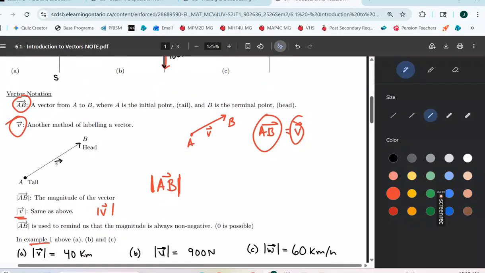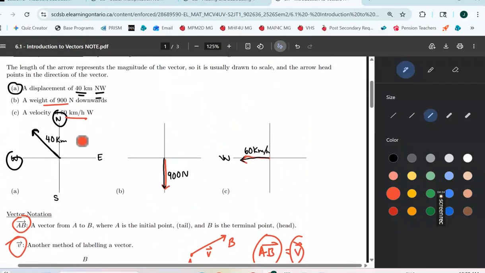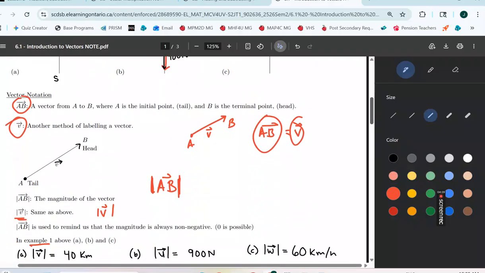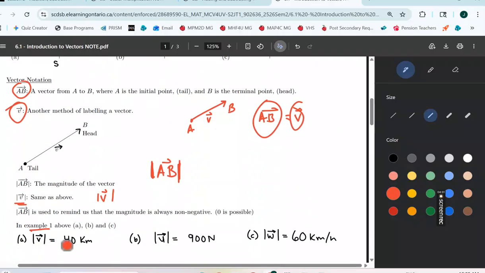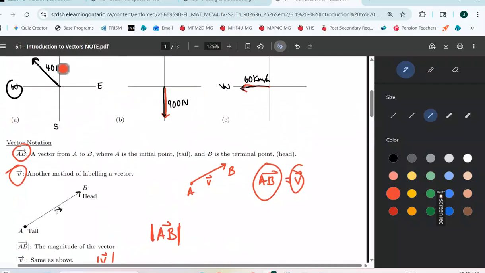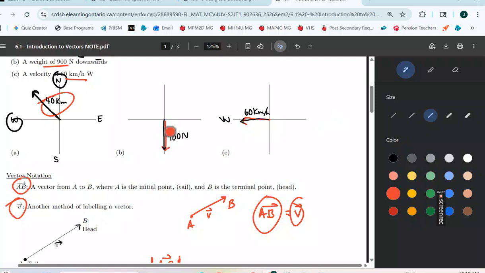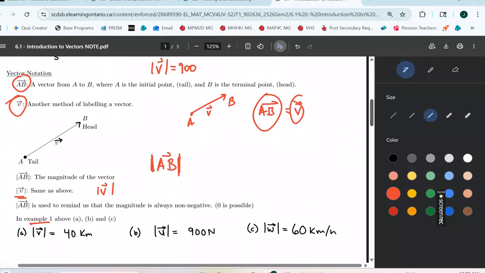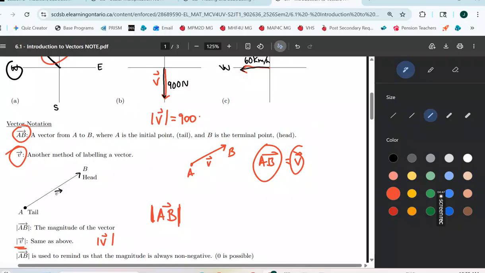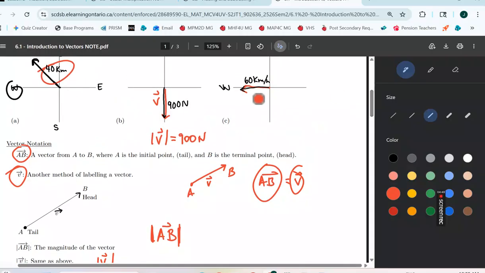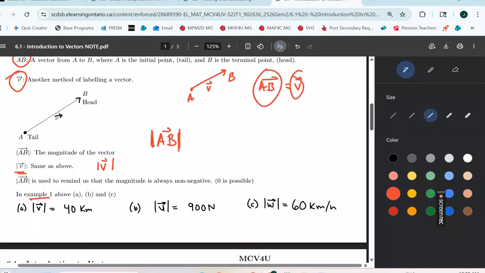So if we look at example 1a, that's this one, the magnitude of that vector, which we're just going to call v, is 40 kilometers because it was 40 kilometers. If you look at the second one, the magnitude of that vector would be 900 newtons. And the magnitude of this vector would be 60 kilometers per hour.